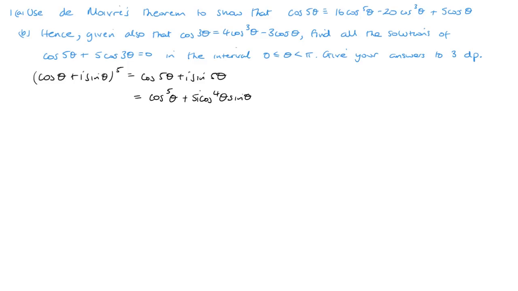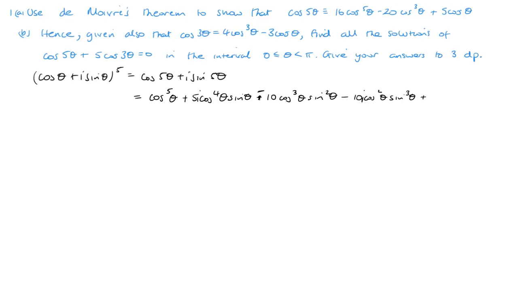I'll put the i with the 5. Plus 10 cos to the power 3 theta i squared, that's going to turn this into a minus, sine squared theta. So it's still going to be a squared minus here because we've got 10 cos squared theta sine cubed theta. So that is minus i, which gives me the minus 10.